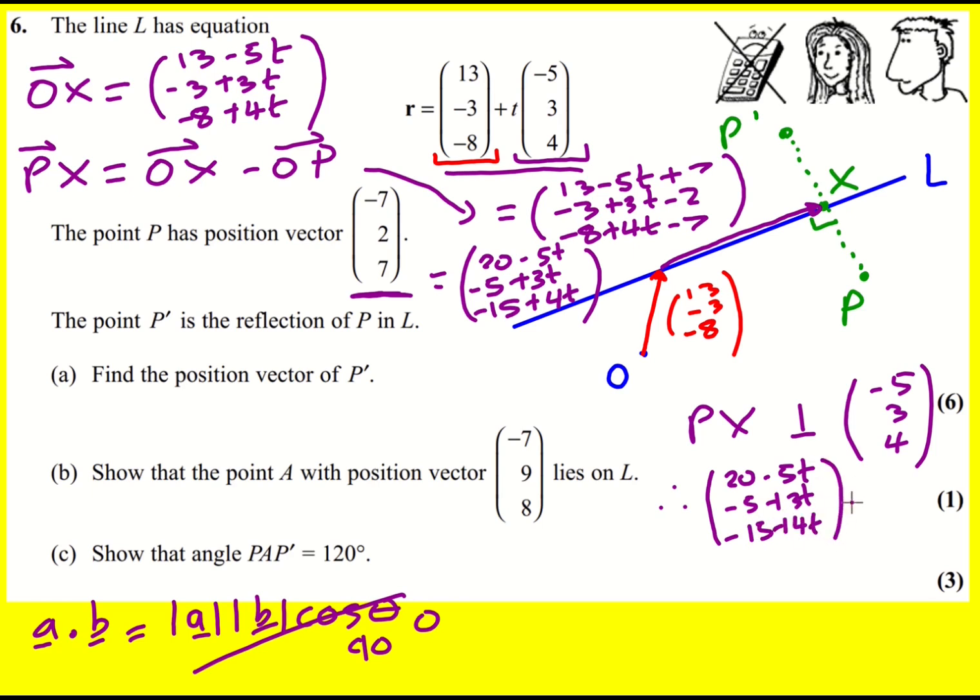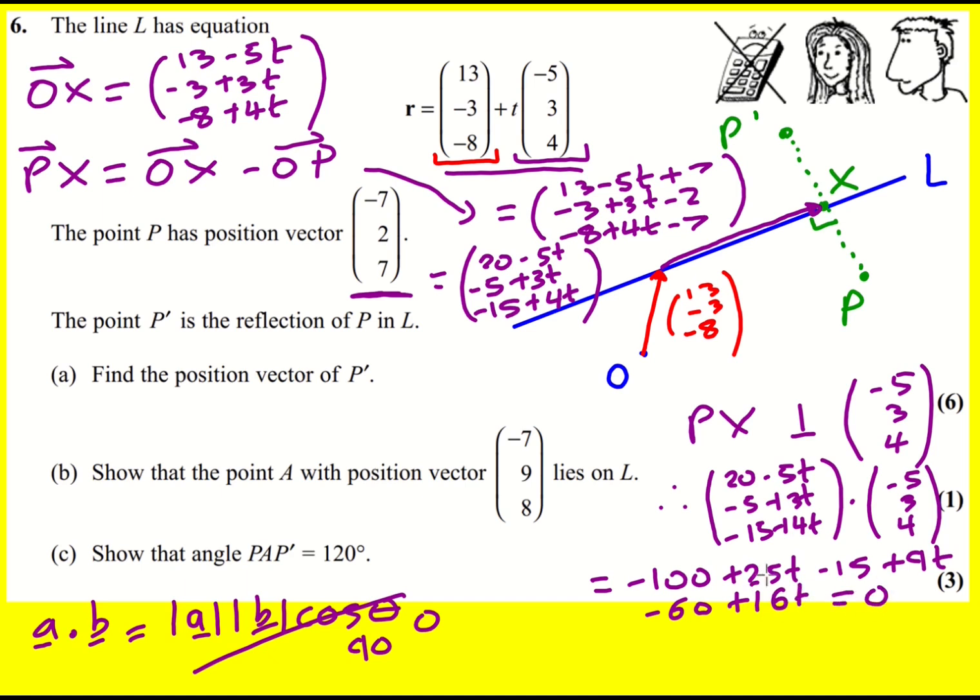Okay, so this dotted with minus 5, 3, 4 is going to equal, it's a bit of calculation to do, minus 100 plus 25t, minus 15 plus 9t, minus 60 plus 16t, that's equal to 0.